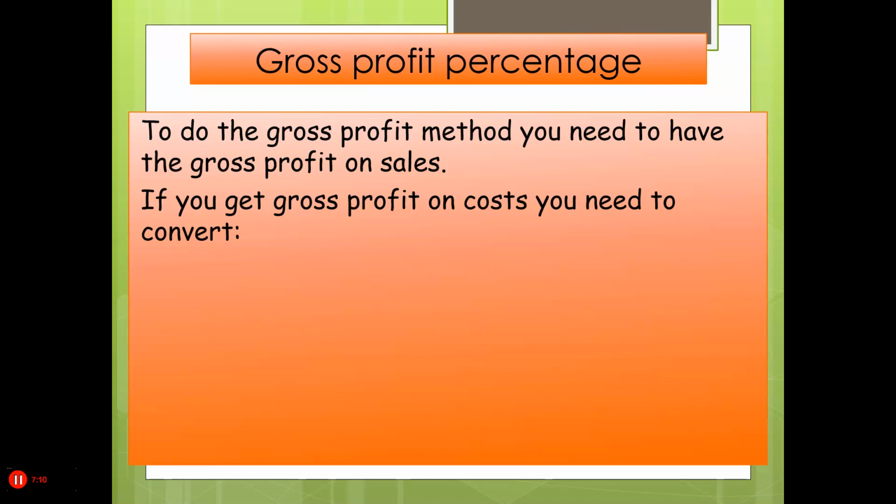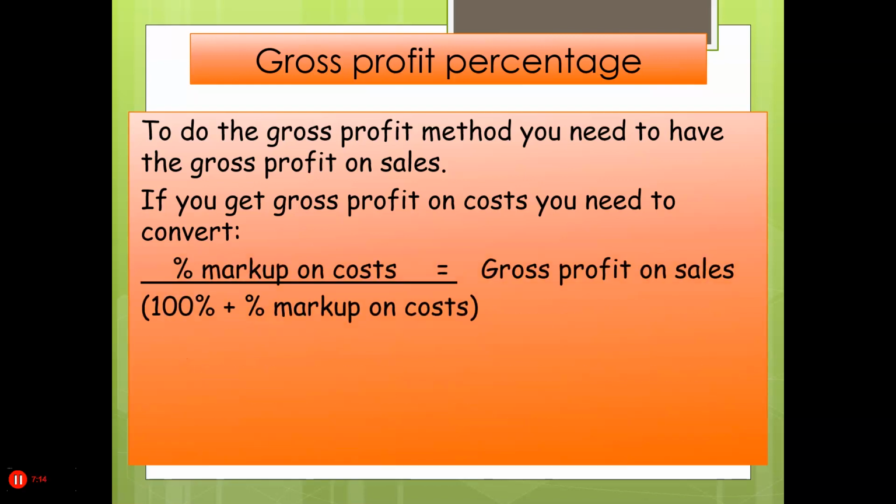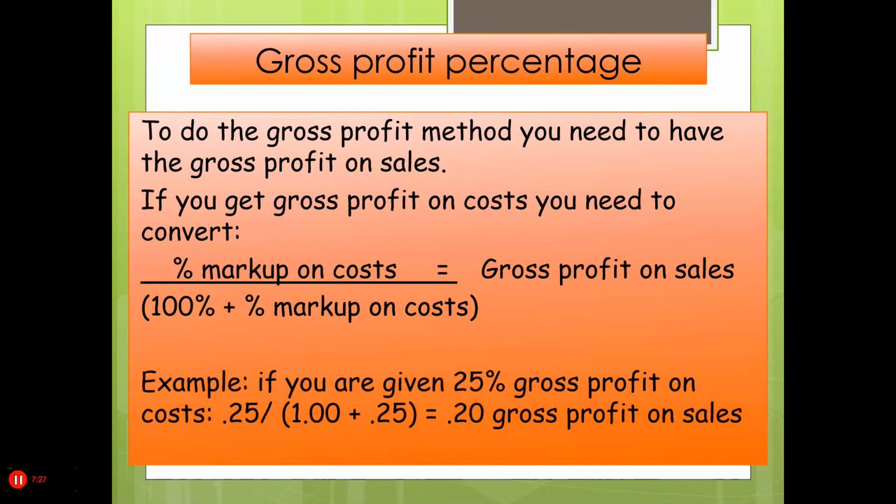Sometimes they give you the gross profit percentage, or they give you gross profit on costs, and you need to convert. The way you do that is you take the markup on costs and divide it by 1 plus the markup on costs, which will give you the gross profit percentage. So if you're given 25% gross profit on costs, it's 20% gross profit on sales.